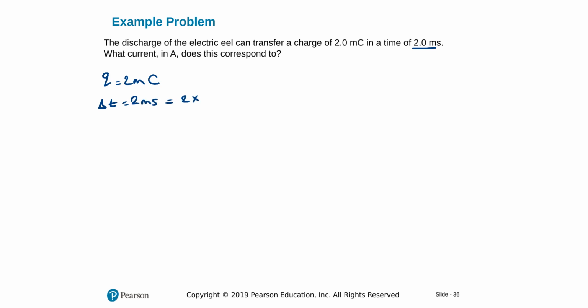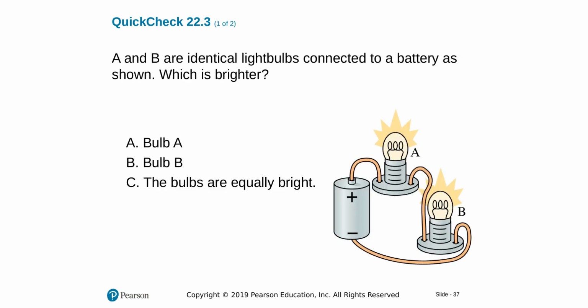This would be 2 times 10 to minus 3 seconds, and this would be 2 times 10 to minus 3 coulomb. What current in ampere does this correspond to? We use I is equal to Q over delta T. 1 ampere. Then we divide those numbers.